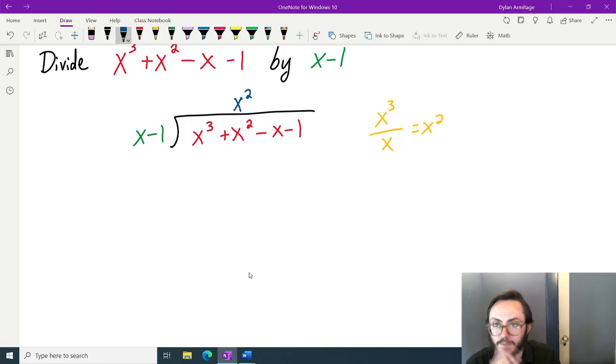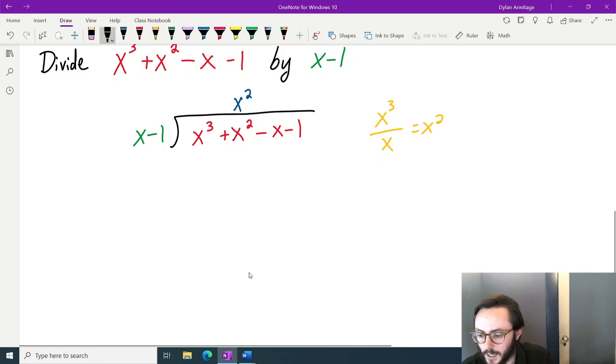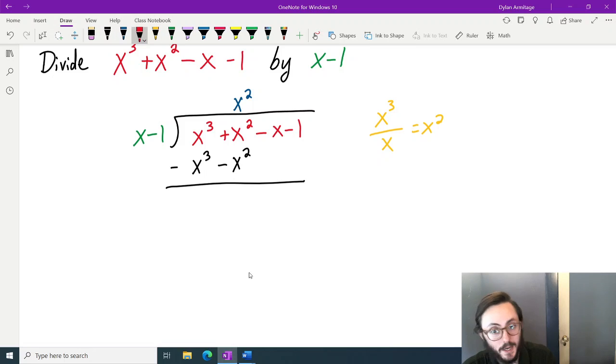X squared. Okay, multiply it out, gives us x cubed minus x squared. Subtract these here. So x cubed minus x cubed goes away, becomes 0 for us. X squared minus a negative x squared, so plus x squared, gives us 2x squared. Bring this down, minus x.